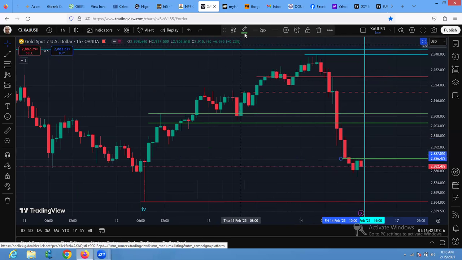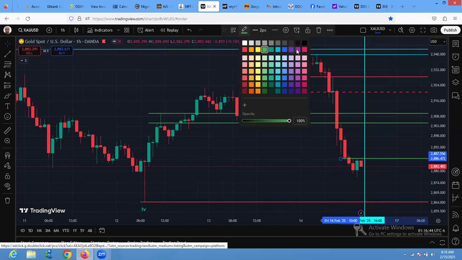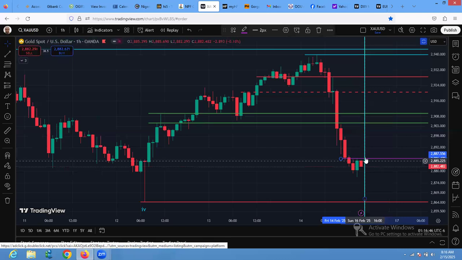Look for that purple line to be broken. At the break of this purple line, I'm not going to buy. It's too short. I want this purple line to be broken. This is still going down for now. Probably it will test around this area, react around this area before it goes up.